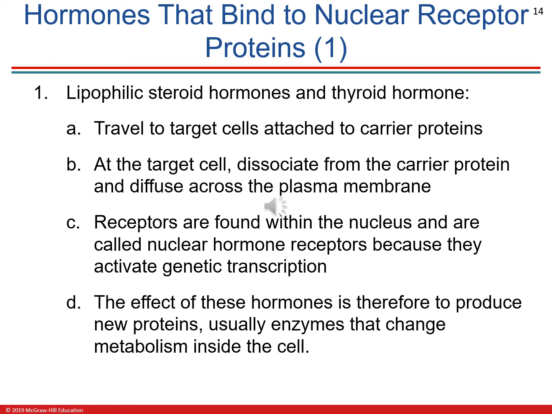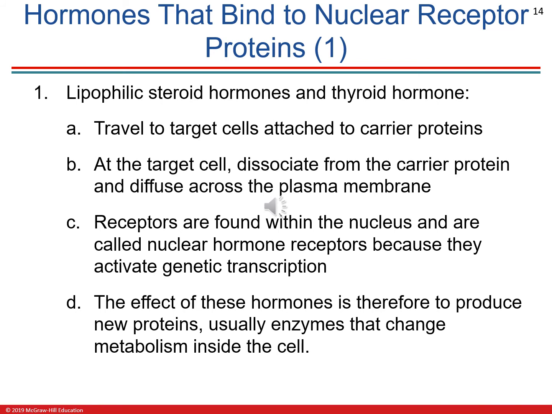Because it is a lipid molecule, it needs a carrier that helps it. That carrier is another protein, commonly the albumin protein. This carrier protein allows that lipophilic steroid hormone to travel in the bloodstream until it reaches the target cell.